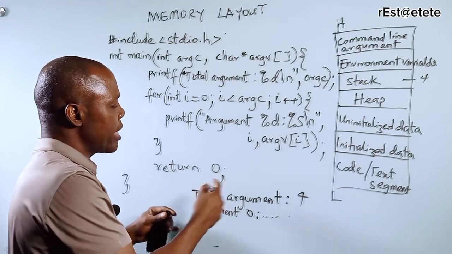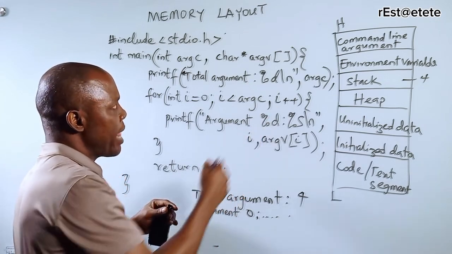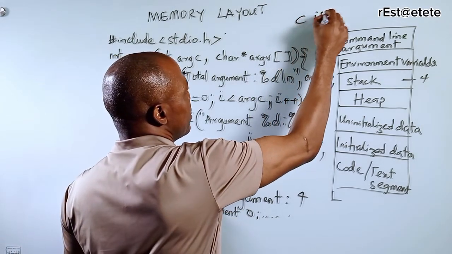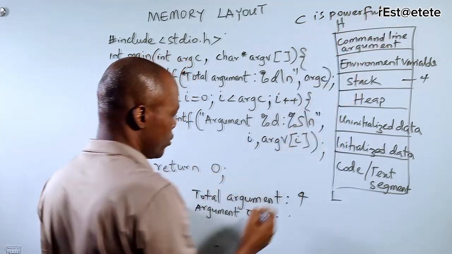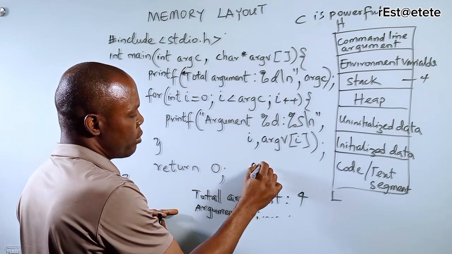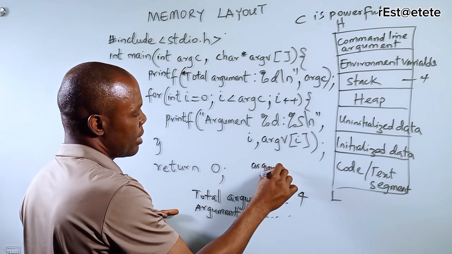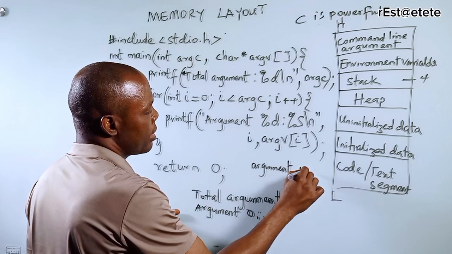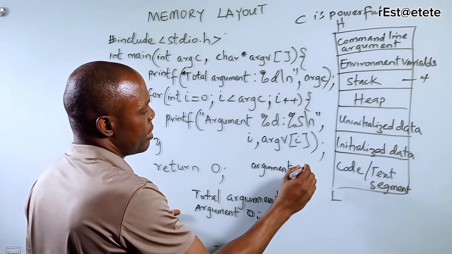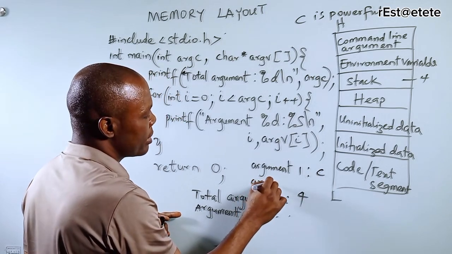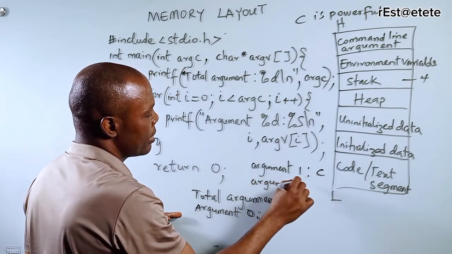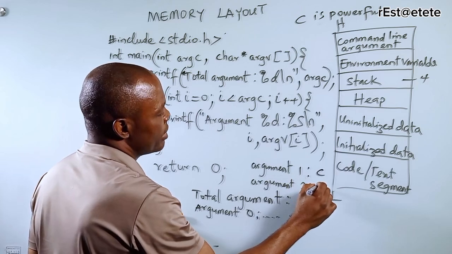Then argument 1 will print out C. So if I supply C is powerful, it will print out argument 1, C. Argument 2, it will print out is.